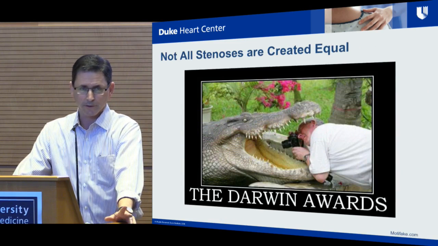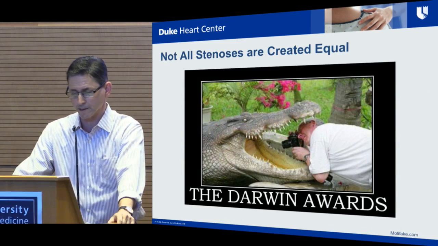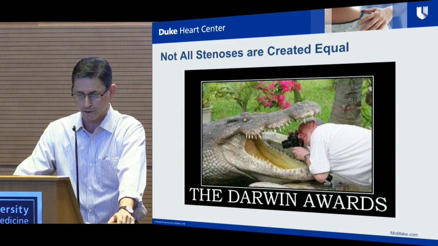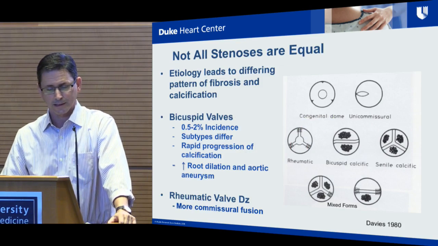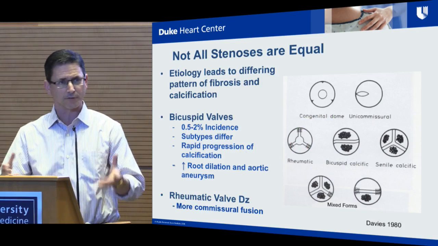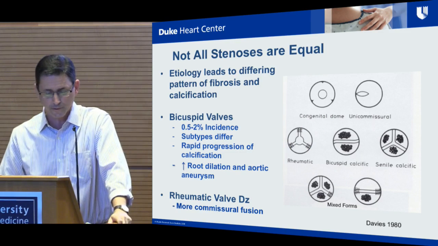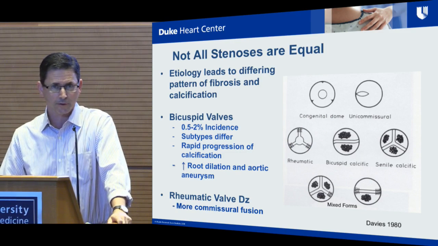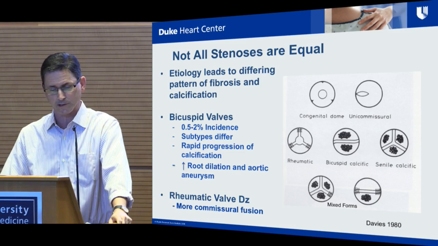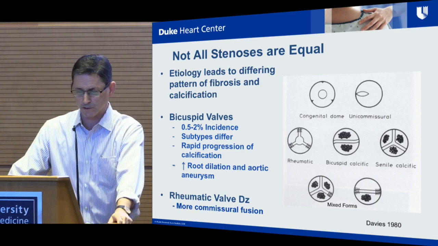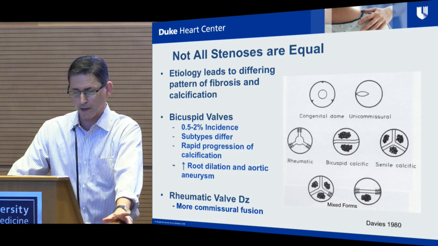And the other thought is that, even if you have a specific form of the disease, not everybody is created equal. And so you have to consider when you're putting these in that all of the different disease processes that may get you to a stenotic valve or a calcific valve actually can have very different presentations in terms of what the disease in the valve looks like. So congenital valves certainly can have a wide range of how they look, and then even bicuspid valves.